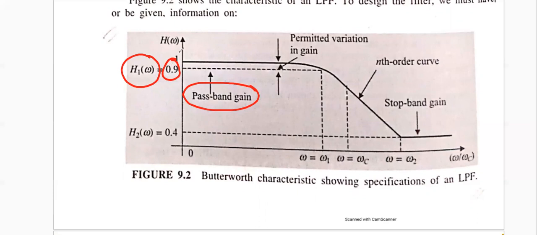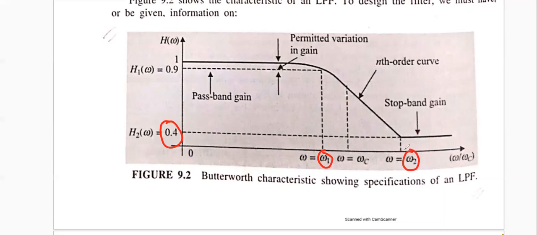What is the maximum gain? Of course, the maximum gain is 1 for all the filters. So the passband gain is 0.9 and the frequency is omega 1. What is the stop band gain? This is the stop band gain 0.4, and the stop band frequency is omega 2.